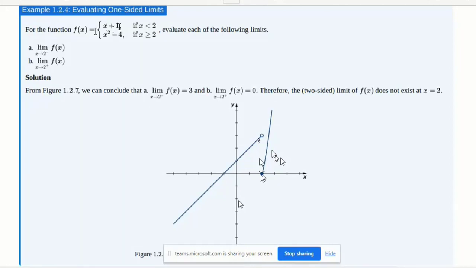The linear one. Yes, I agree. Now, that is number A.